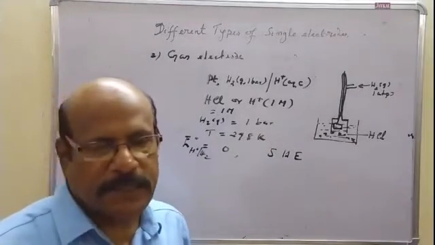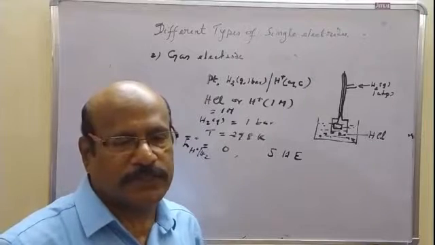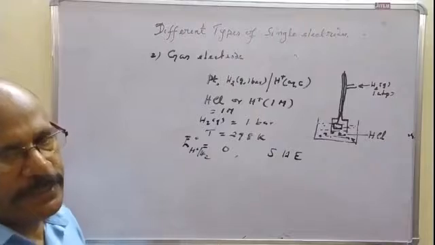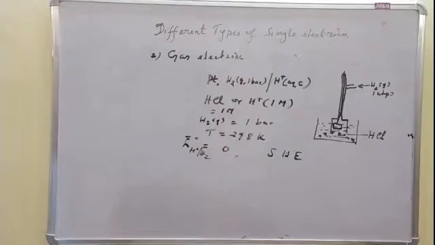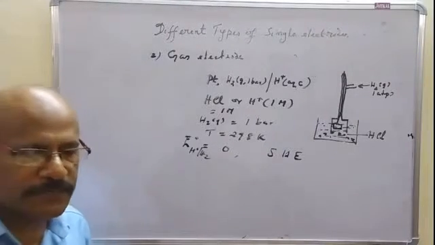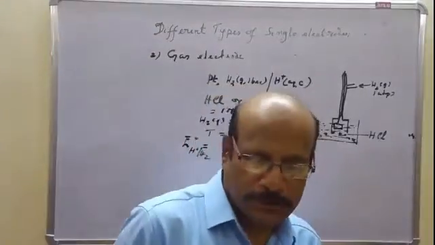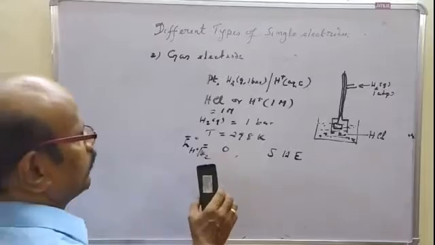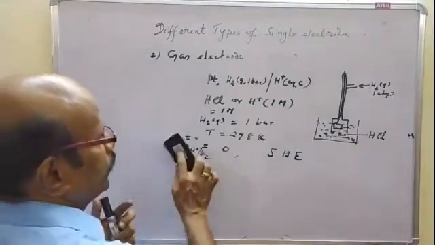Then it is considered as a primary reference electrode. It is the only primary reference electrode. Any other electrode is standardized with respect to this primary reference electrode. So only one primary reference electrode is SHE, and its potential is taken as 0.